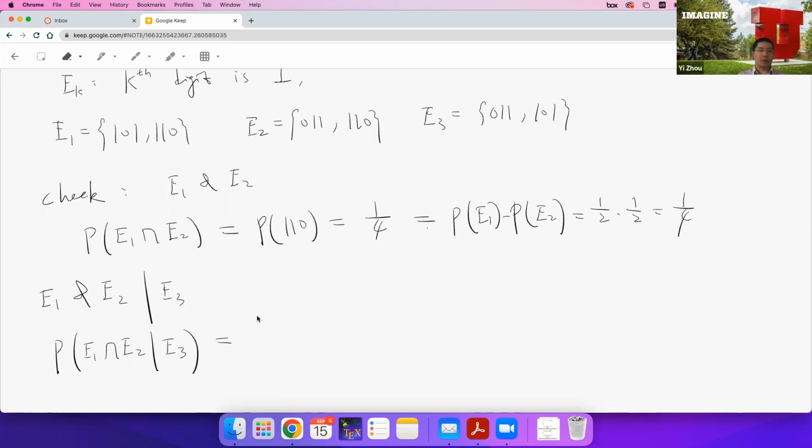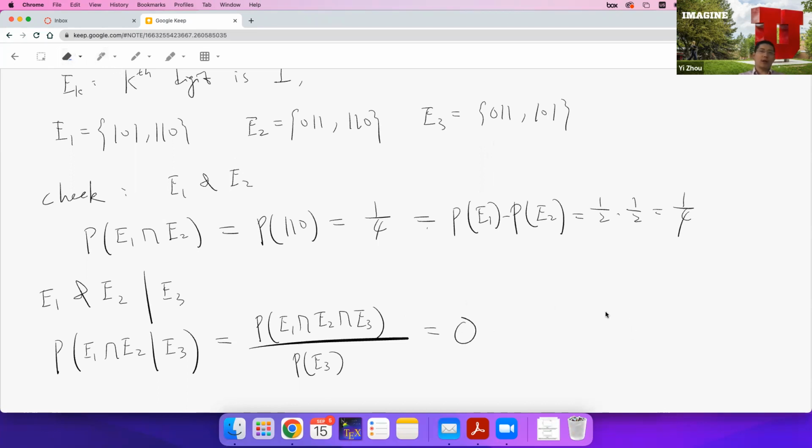According to the probability law, it is the intersection of the three over P(E3). Between these two we only have 110, but E3 doesn't have 110. So this is the empty set. The empty set has probability 0, so we get 0.